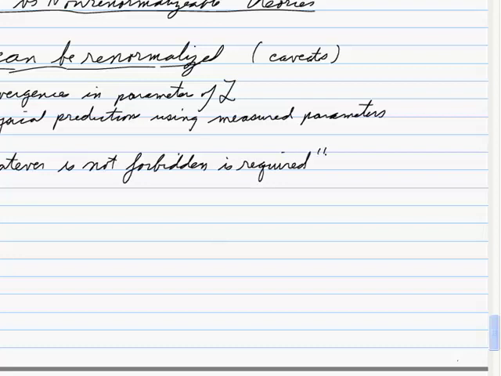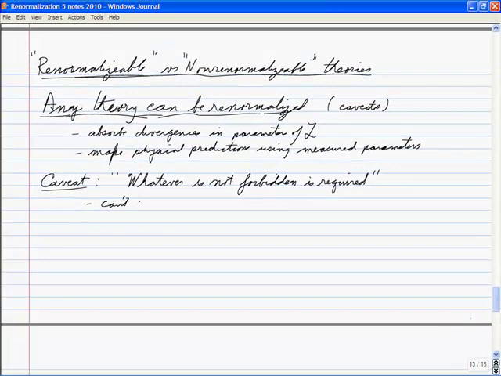It's the opposite of the old communism, where whatever is not required is forbidden. Here, whatever is not forbidden is required. What that means is that you can't arbitrarily drop some term from the Lagrangian for no reason at all. So you can't drop terms without a reason.